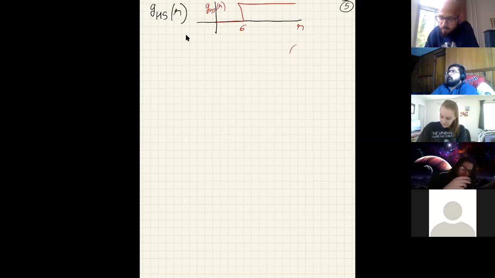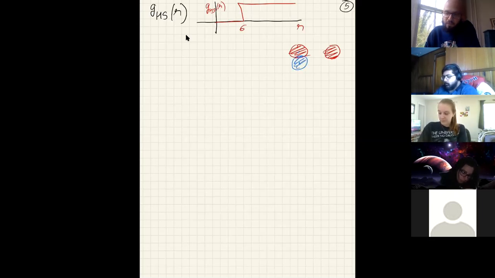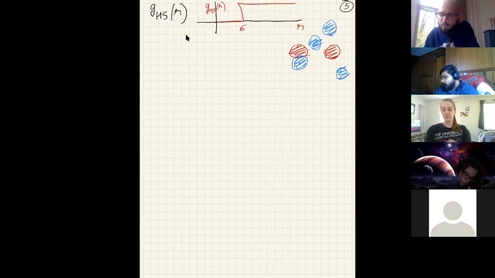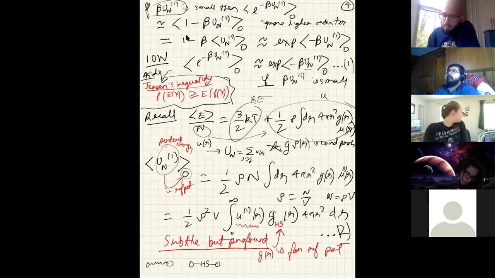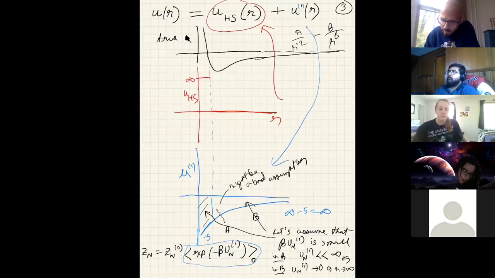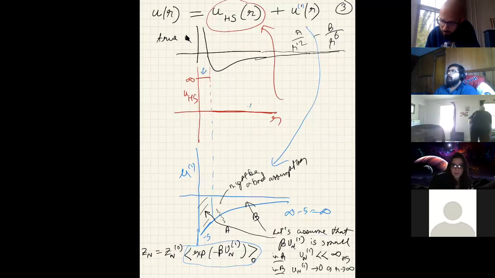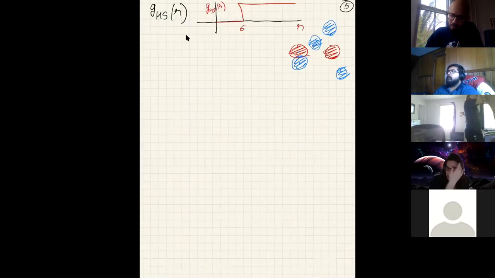All this is telling you is that if you have hard spheres, then the conditional probability of finding another hard sphere at a distance less than sigma from the first one is 0. You simply cannot find it. And the conditional probability of finding another hard sphere at a distance more than sigma is constant. It doesn't matter how far your hard sphere is because the probability itself is constant. Why do we get that? Because here there is a wall and here there is 0 potential. So that's why the g HS of r looks like this.